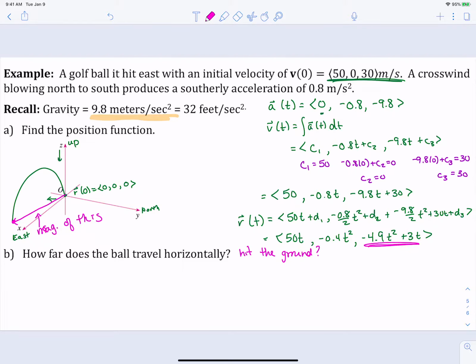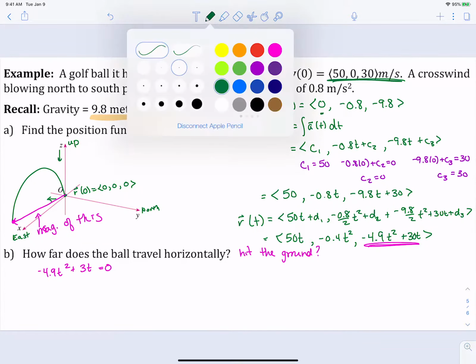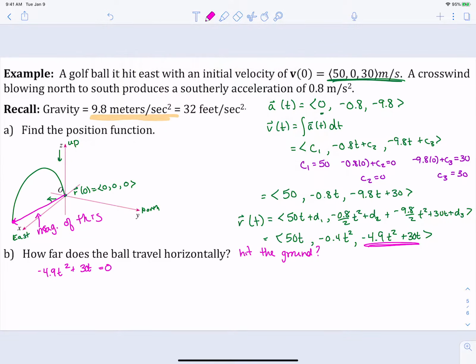It's going to hit the ground when that z component is equal to 0. So when it's hitting the xy plane, that's when it's hitting the ground, because the xy plane is the ground. So we need to take, oops, it looks like when I transferred that, I lost a 0 there. So that should be 30.